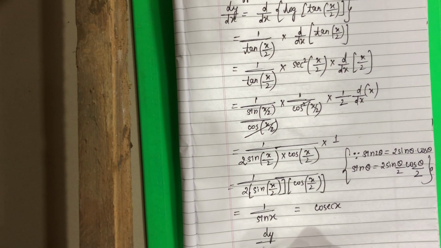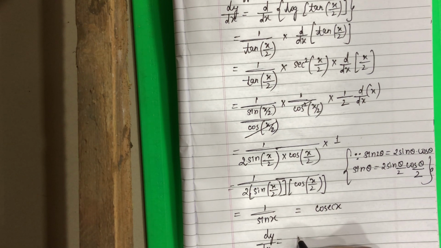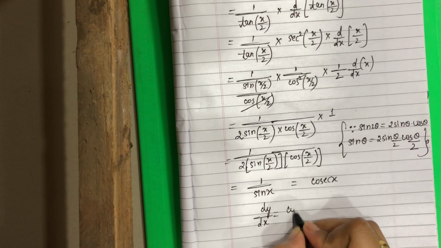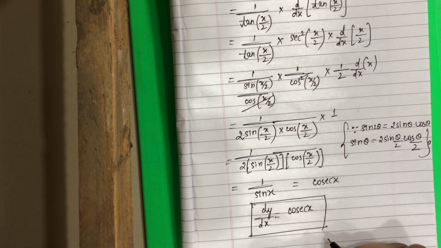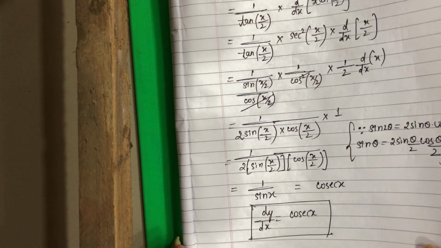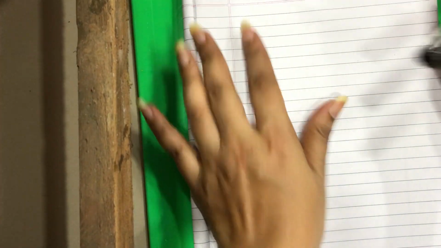So dy by dx for log tan x by 2 is equal to cosec x. This is your answer. Do remember in differentiation, try to write the answers in the simplified form. Means whatever formula you use for trigonometry, make proper use of the formula.